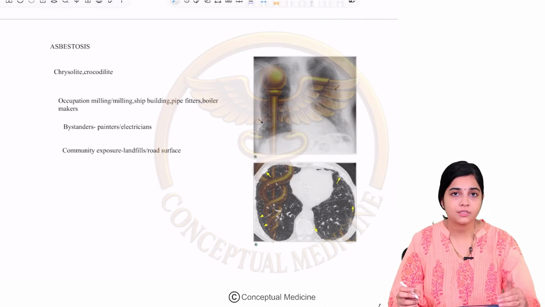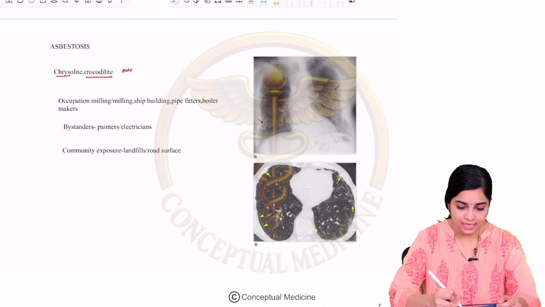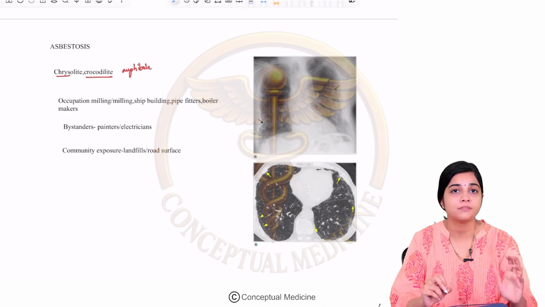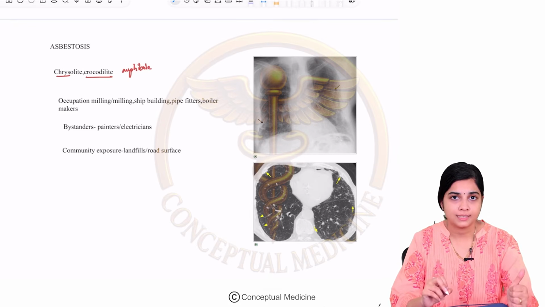Asbestos is available in the earth in the form of chrysotile, crocidolite as well as the amphibole forms. These are the forms in which asbestos is available. So which occupational hazards can result in occupational lung diseases?